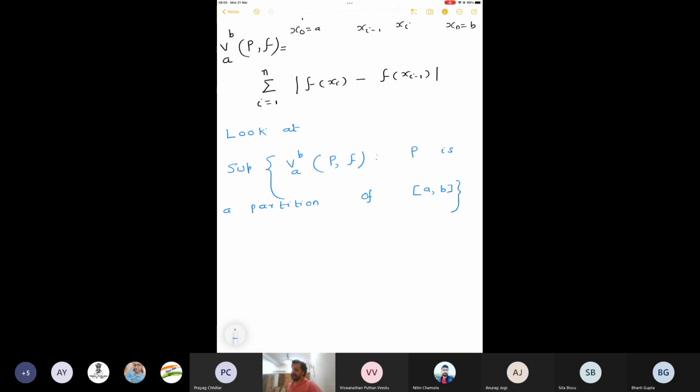And this quantity we shall denote by the variation of f over the interval AB. This is the definition of variation.